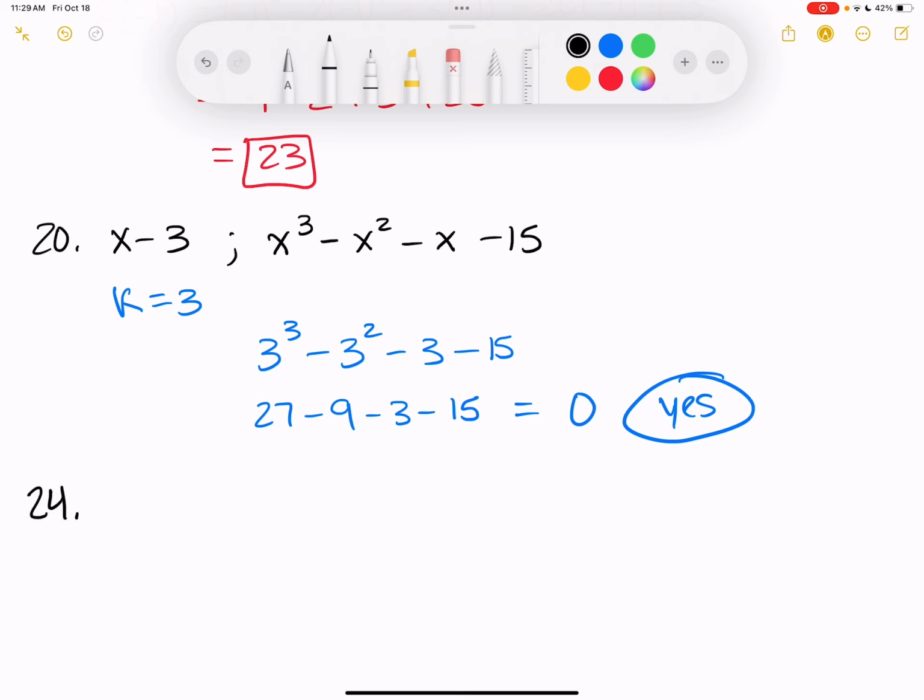24, x plus 1, and then I have 2x to the 10th minus x to the 9th plus x to the 8th plus x to the 7th plus 2x to the 6th minus 3.